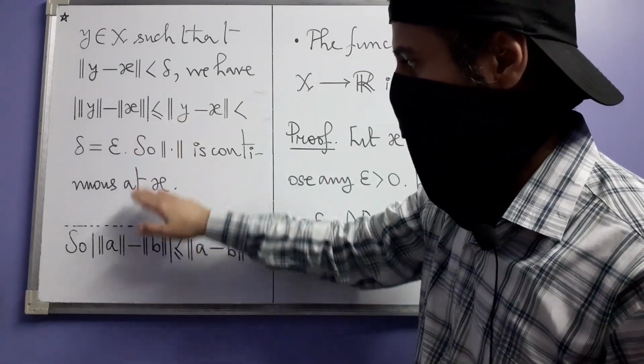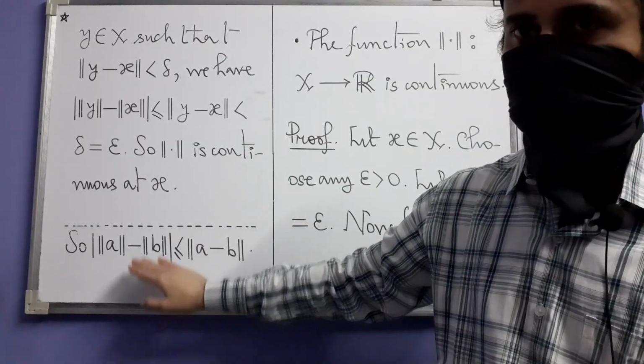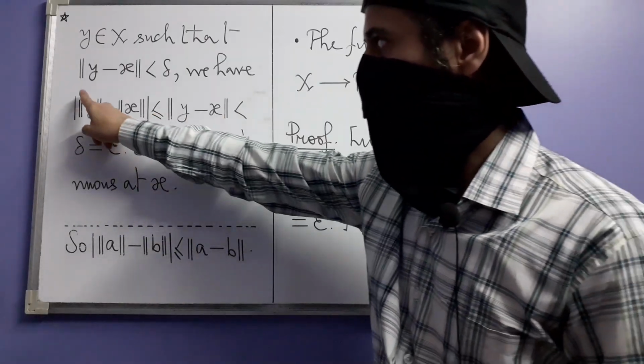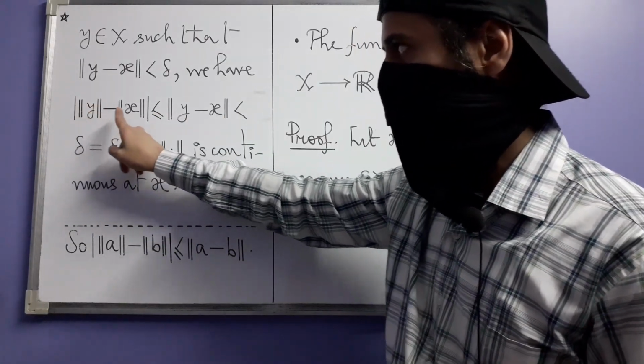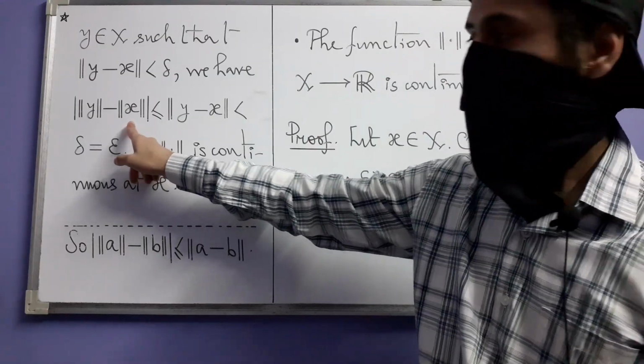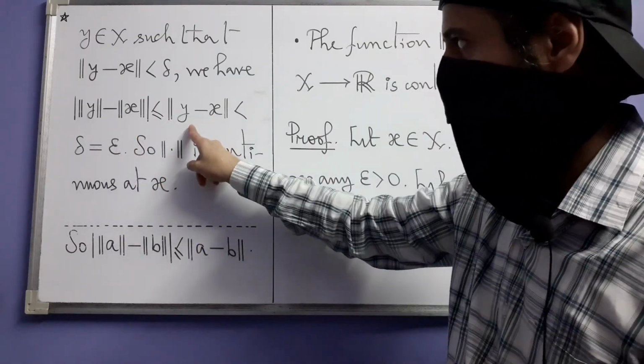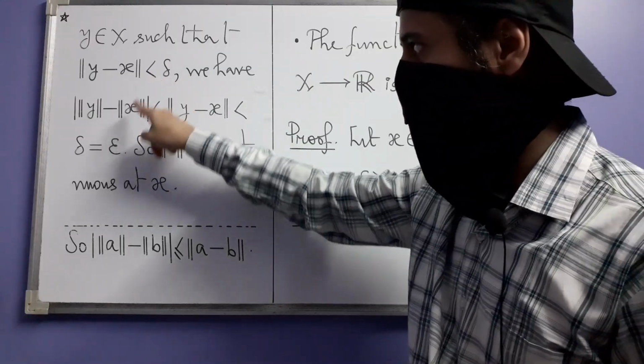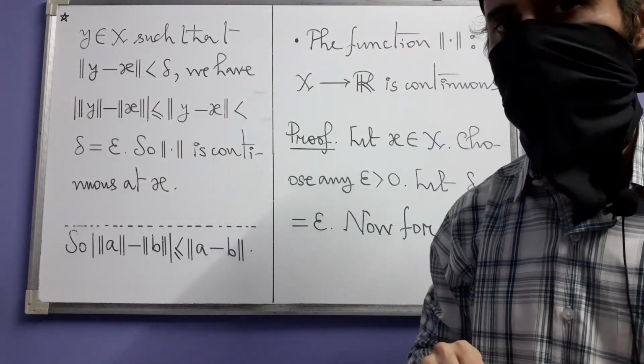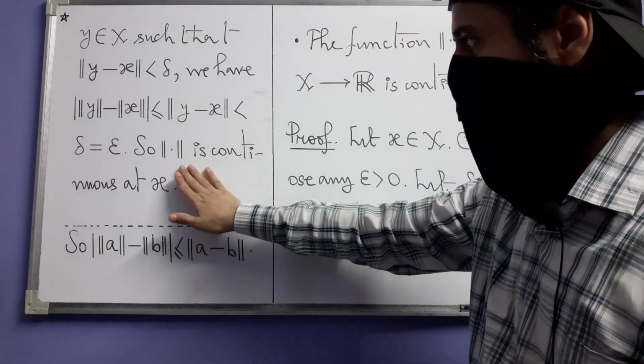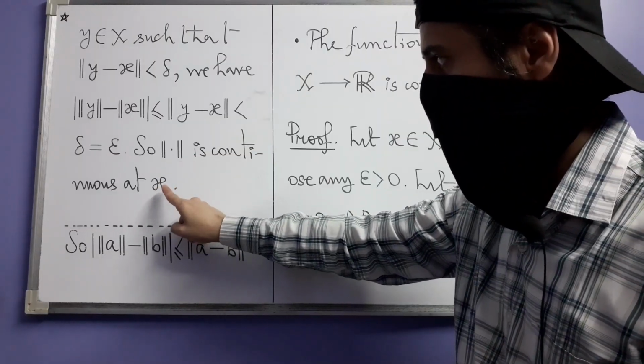You note these two inequalities. This is what we have used here. The numerical difference between norm of y and norm of x is less than or equal to norm of y minus x, which is less than delta, but delta is epsilon. So that is why the norm function is continuous at x.